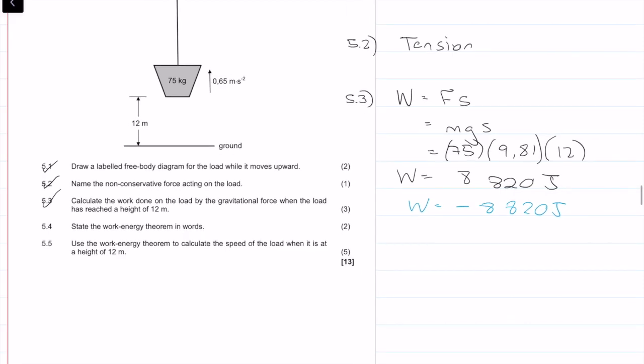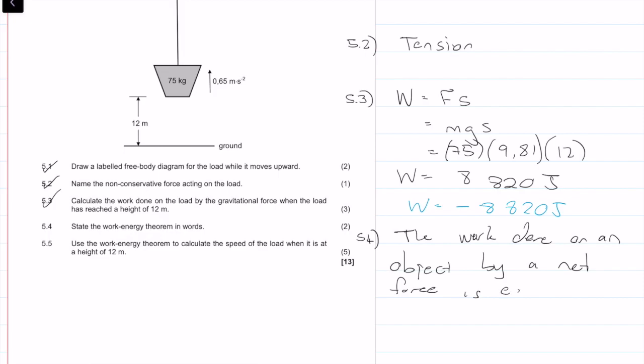Question 5.4 is a definition. It says state the work-energy theorem. The work-energy theorem says that the work done on an object by a net force is equal to the change in kinetic energy, or delta EK.